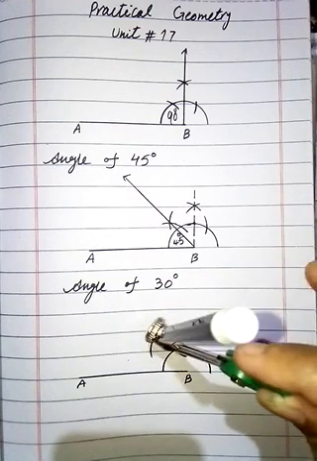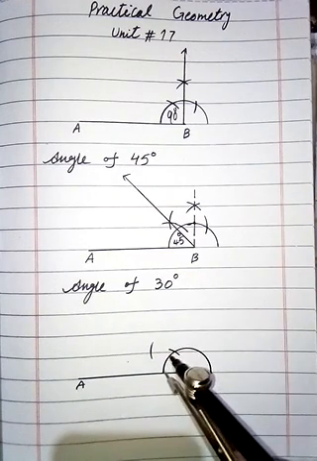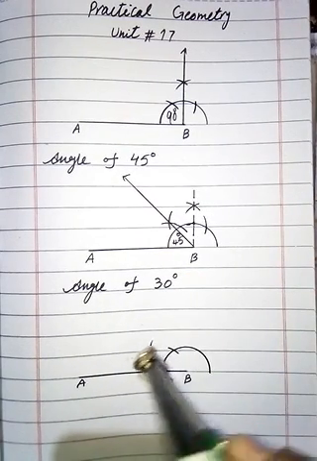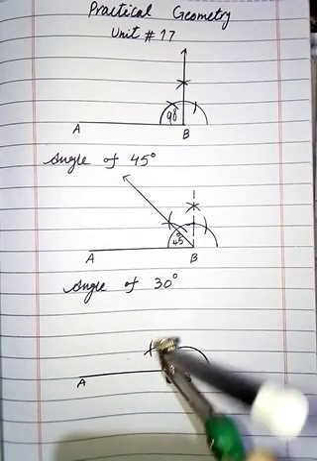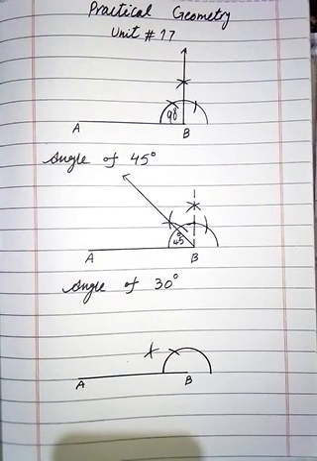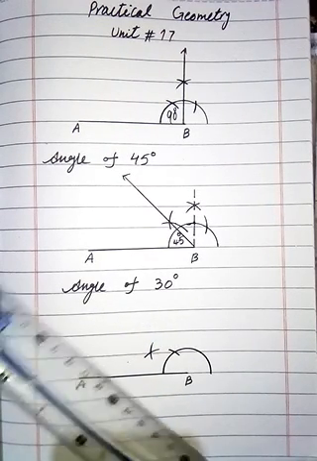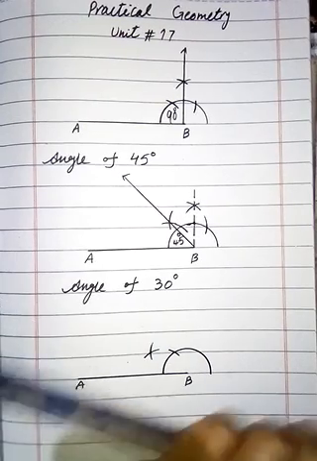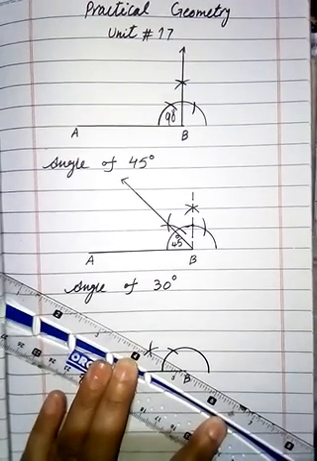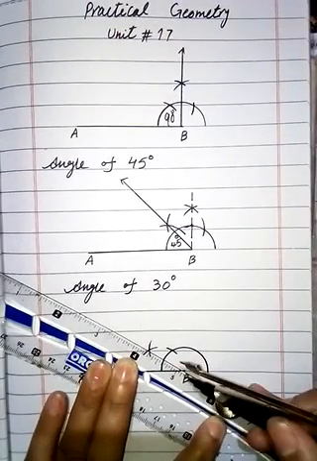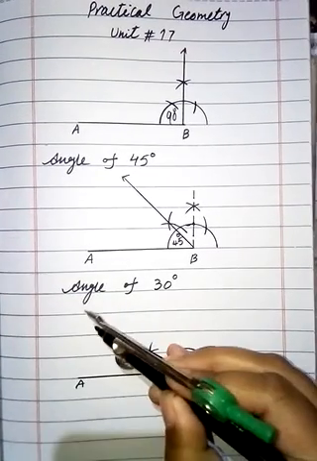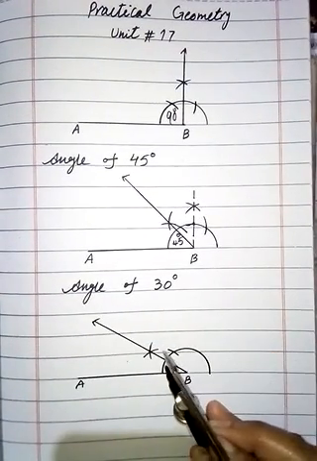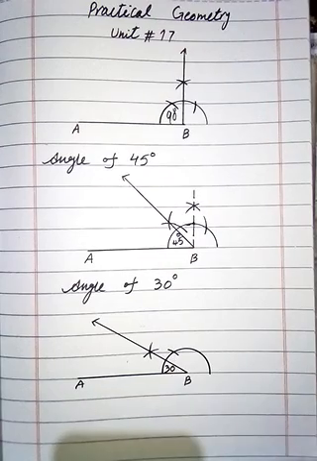Now you have to put compass at 0 degree, draw the second arc like this. Now you have to get the intersection point. This intersection point you have to join with B. Now this will be the angle of 30 degree.